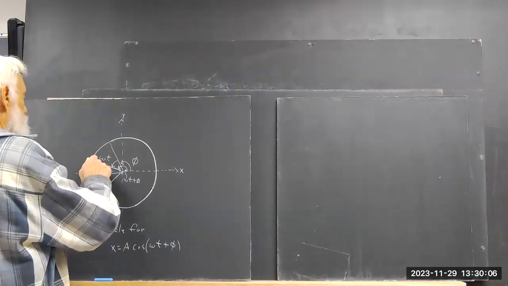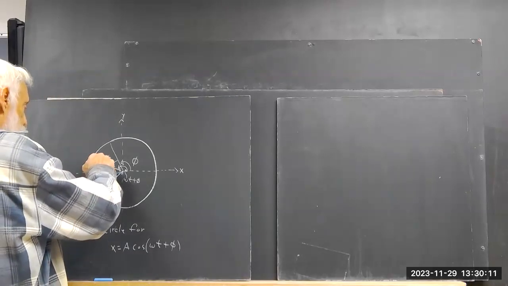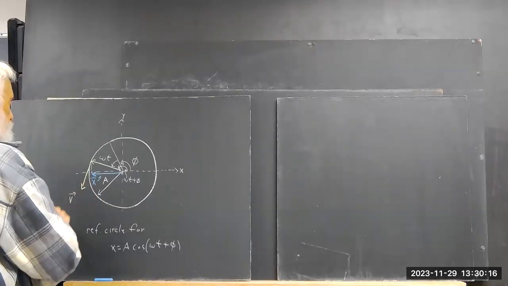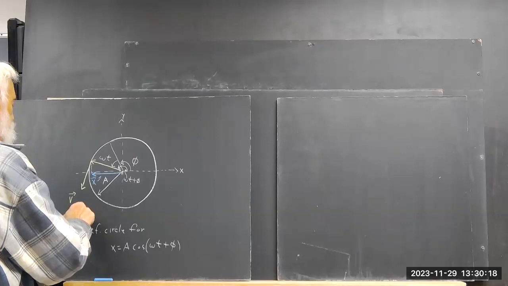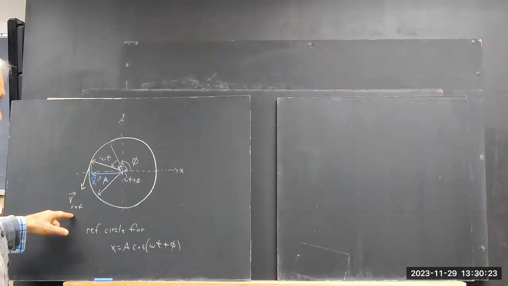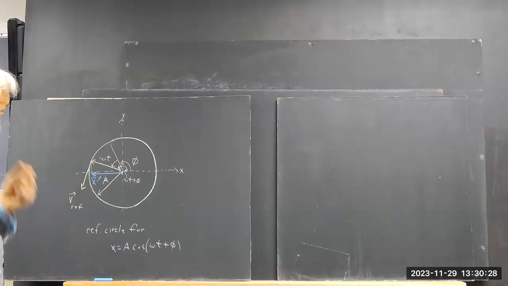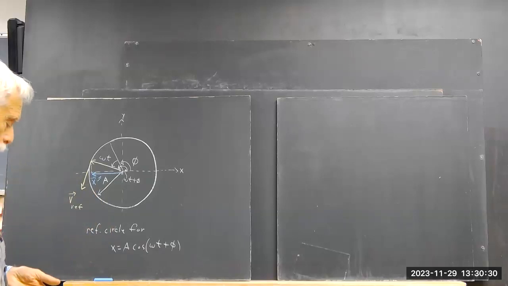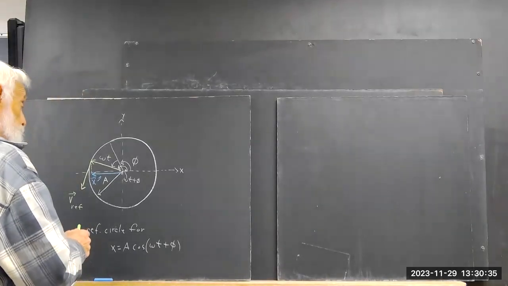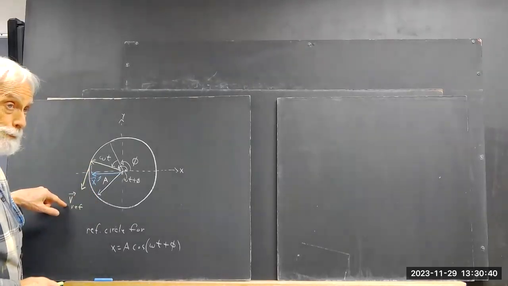Then this point on the reference circle has a velocity. We call this the velocity of the reference point. Not the velocity of the oscillator, the velocity of the reference point. Well, the velocity of the oscillator is going to be the horizontal component of this vector.